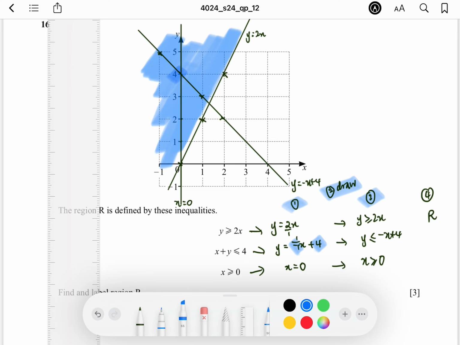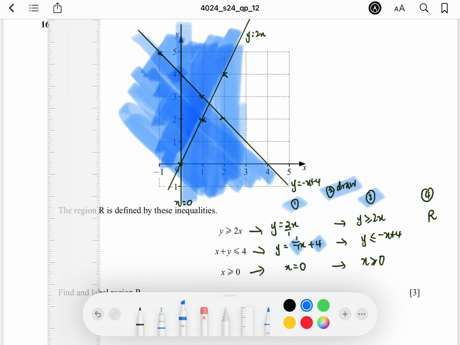Next one, y is less than minus x plus 4. So less than is di bawah sini. And next one, x is greater than 0. So x is this line tadi kan? Greater than 0 is this one. So di mana ketiga-tiga overlap? Sana. R-nya sini. That's it.